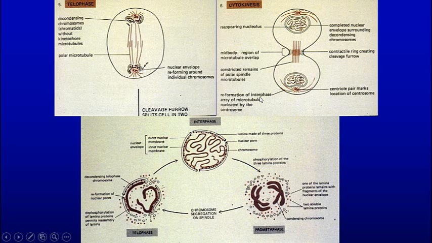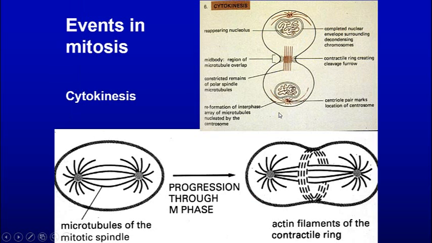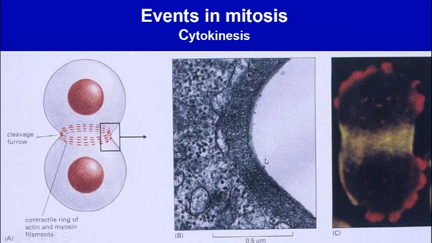During telophase, you have the two groups pulled apart, and then during cytokinesis you have the actin ring around the center of the double cell, which squeezes down until two different cells develop. Here we can see them pulled apart, with microtubules running back and forth, and actin filaments that squeeze down and pull these apart.